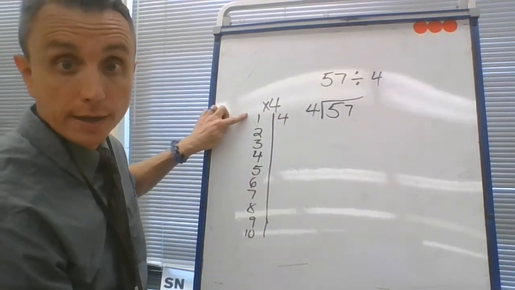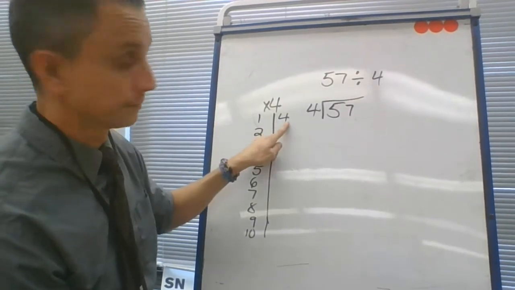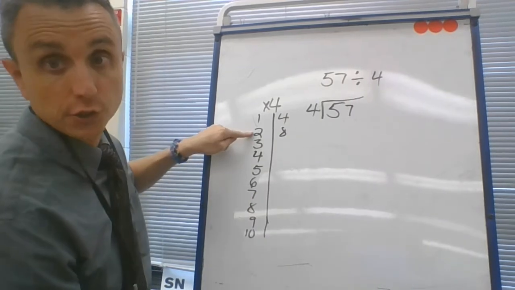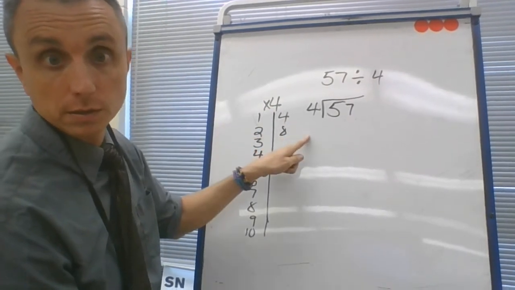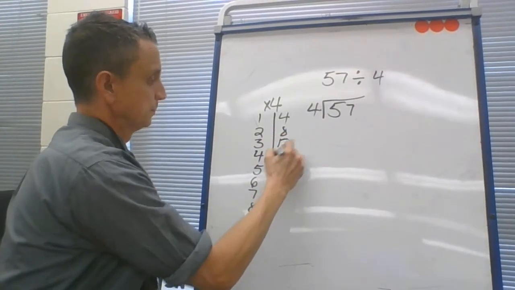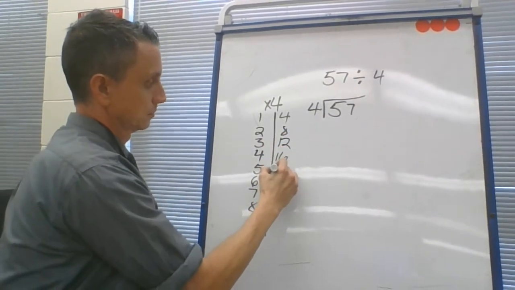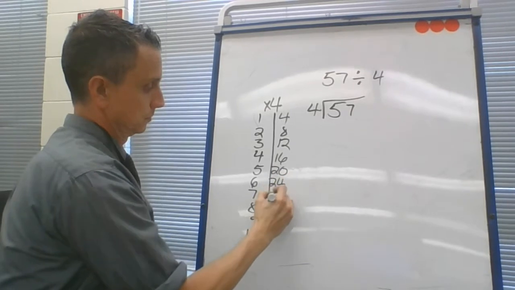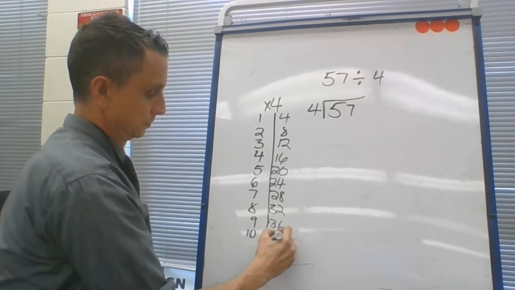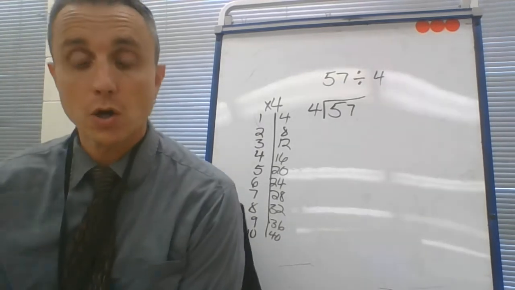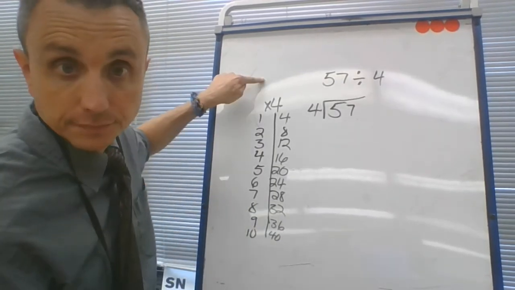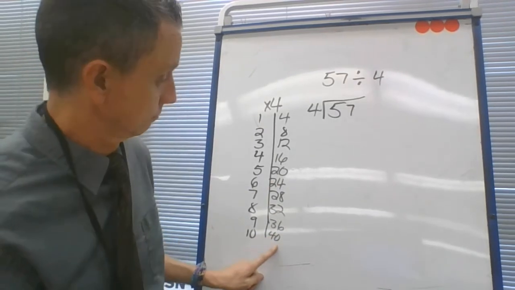Because 1 times 4 is 4. 2 times 4 is 8. And I just did so all the way down through 10 times 4 is 40.